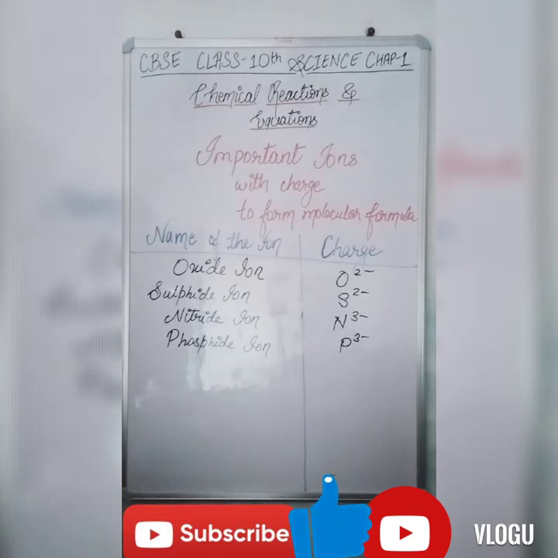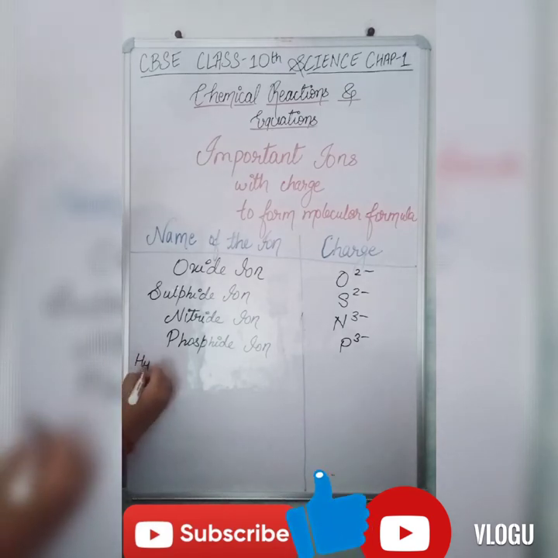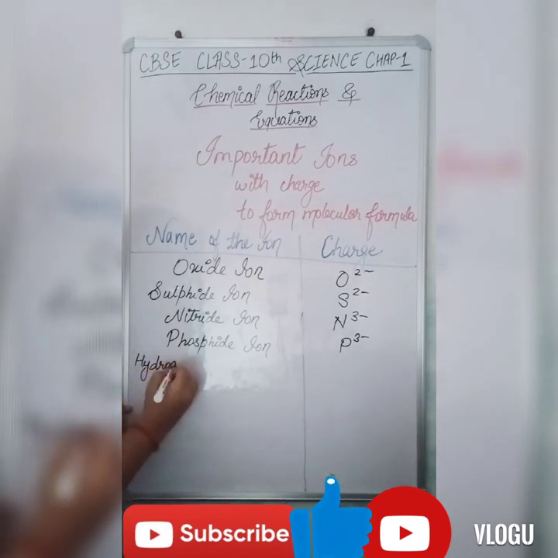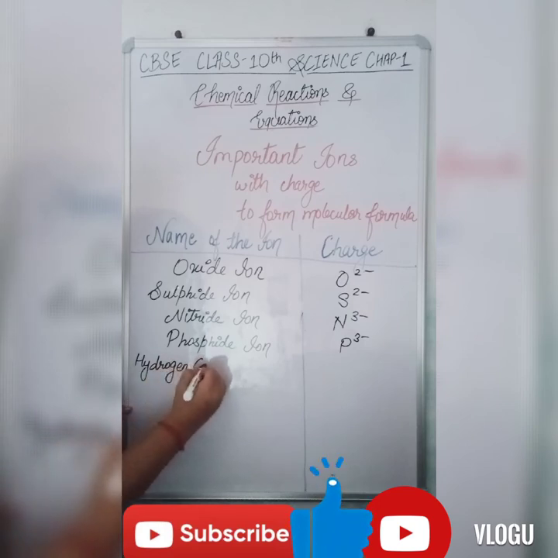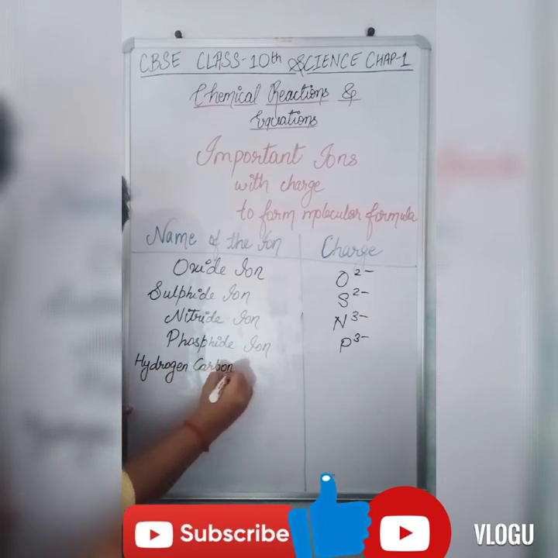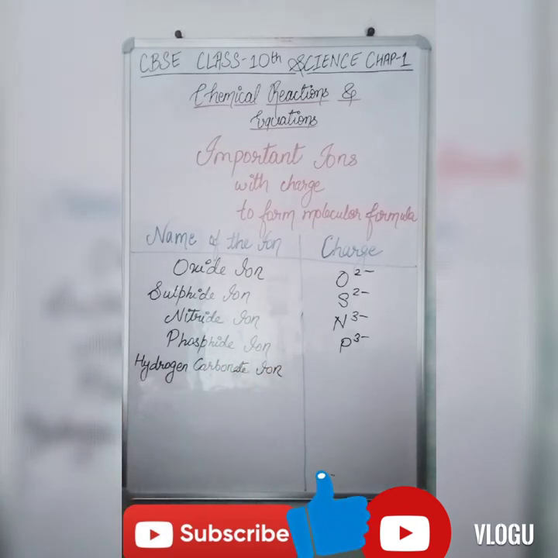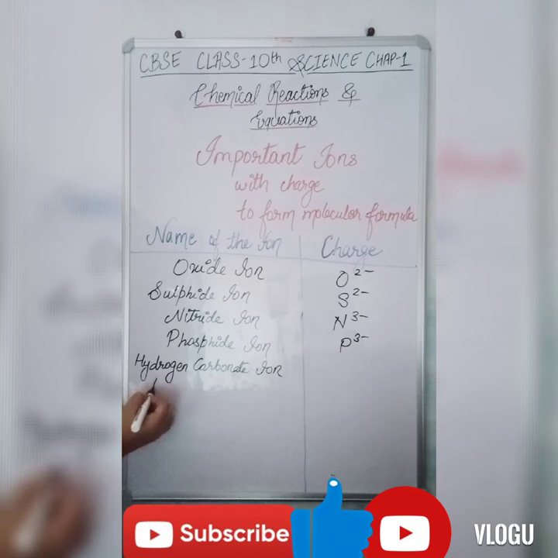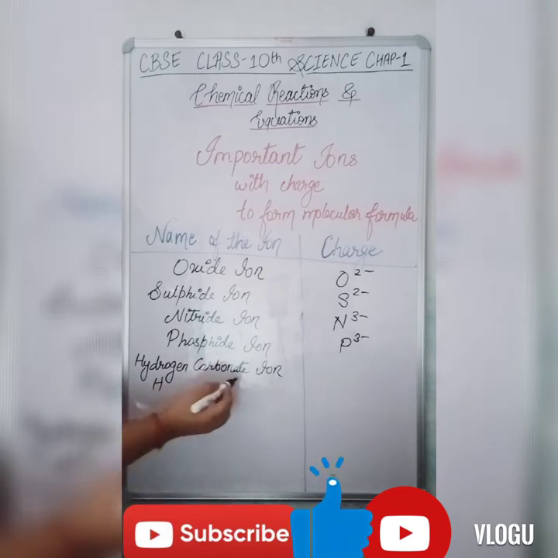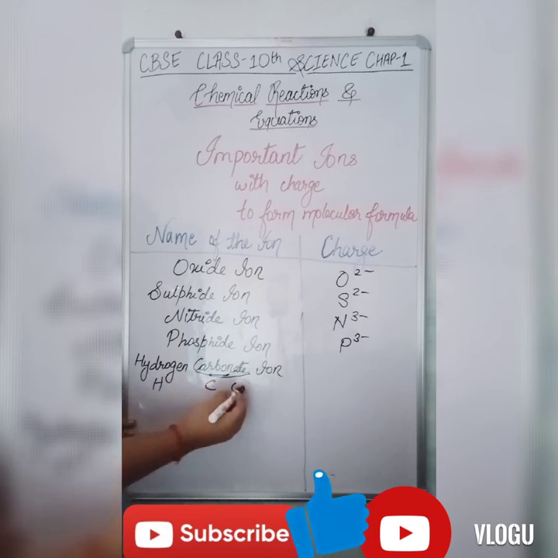Suppose I write here hydrogen carbonate ion. If you see here it is hydrogen, and in carbonate ion there is carbon and oxygen.